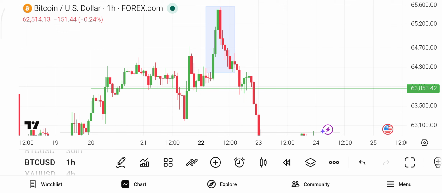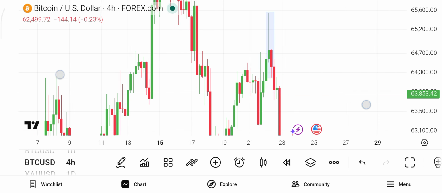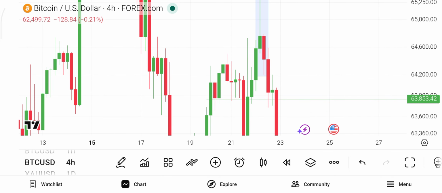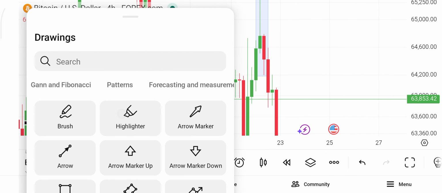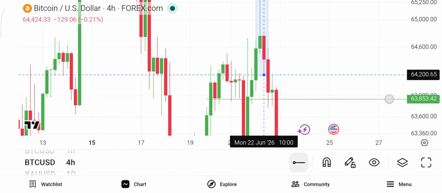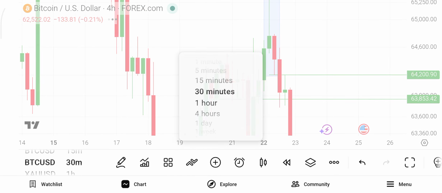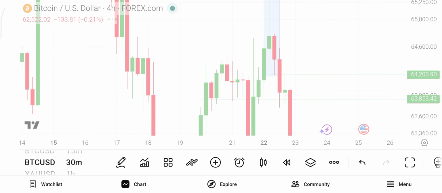On the 4 hours time frame, I mark out this zone here. So I went down on the 30 minutes time frame, straight to 30 minutes time frame, because that is where I got the confirmation.